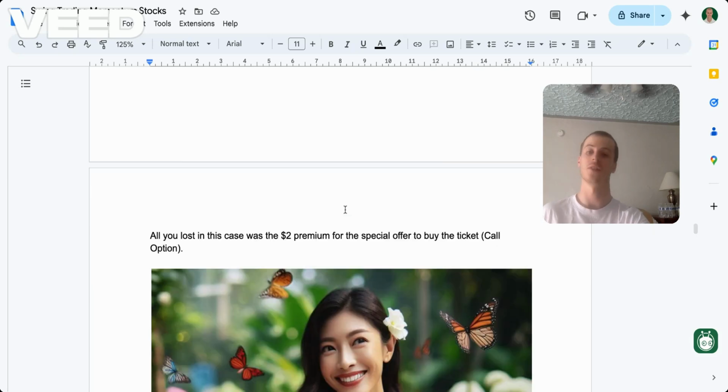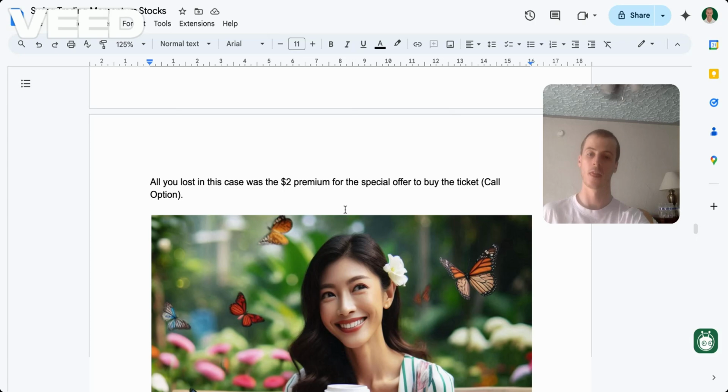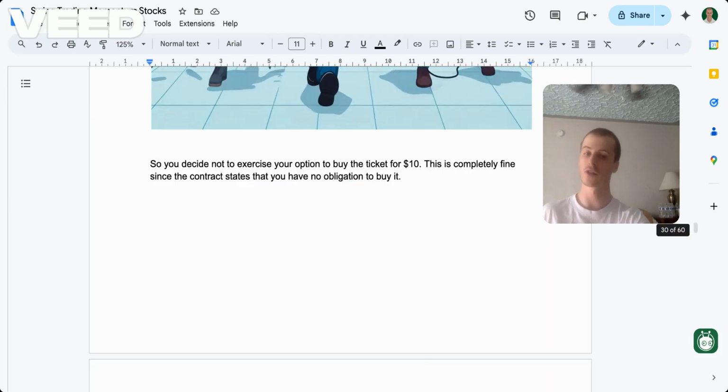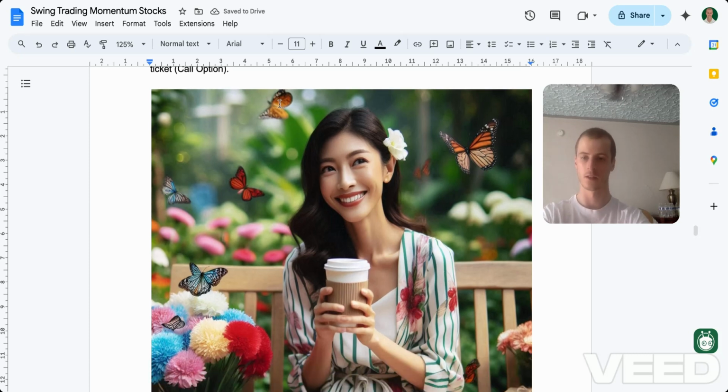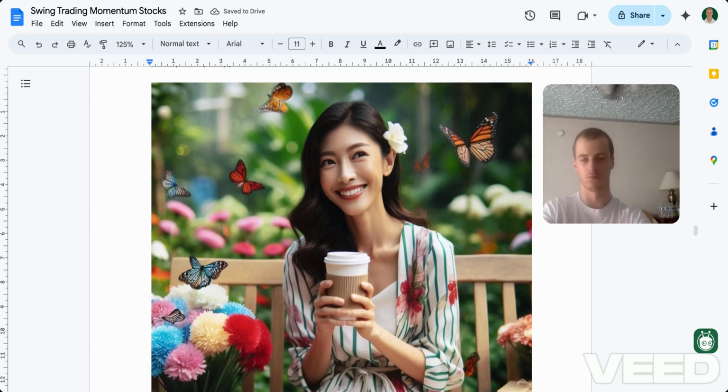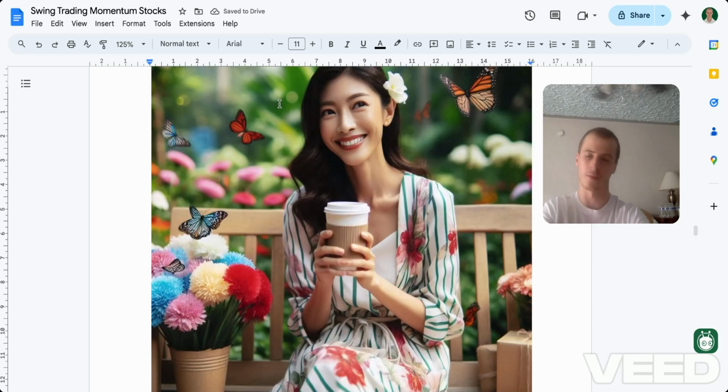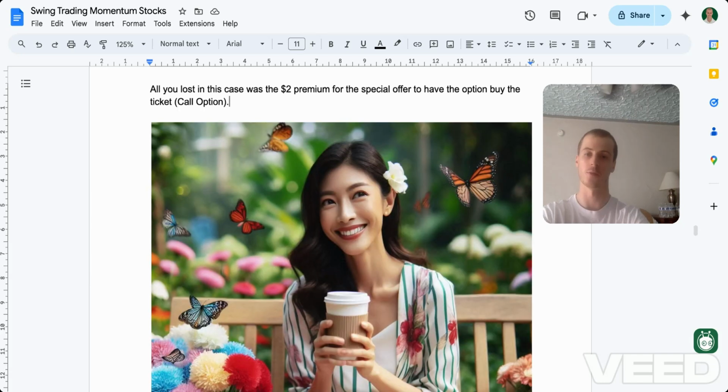So all you lost in this case was the $2 premium aka the booking fee for the special offer to buy the ticket to begin with. Okay, to have the option, to buy the ticket to begin with, the call option at that guaranteed rate of $10. Okay, so not the worst case scenario, not the best case scenario. Okay, we still lost money though.